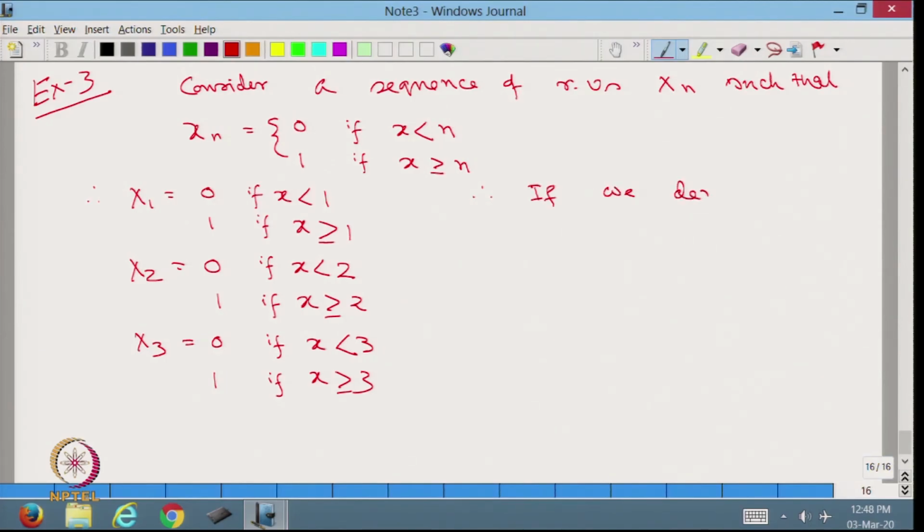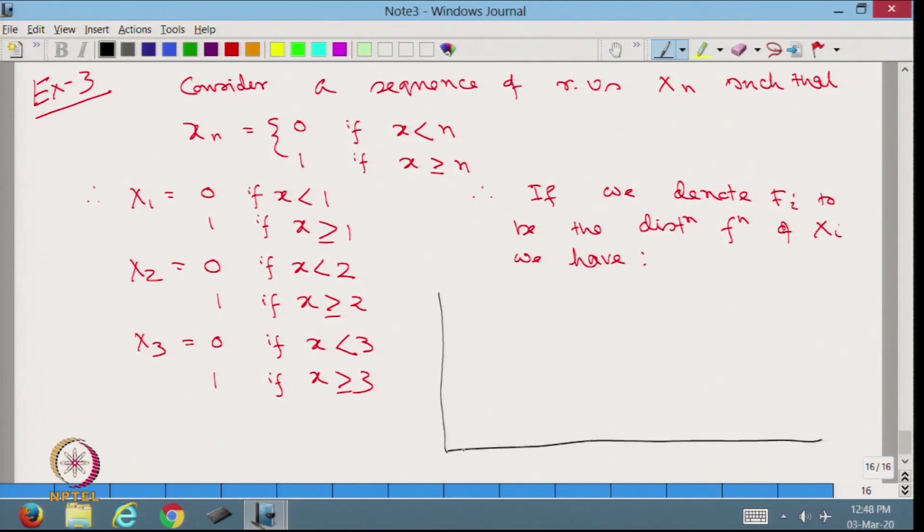Therefore, if we denote F_i to be the distribution function of X_i, we have the distribution function of X_1 equal to 0 if x is less than 1 and 1 if x is greater than or equal to 1.